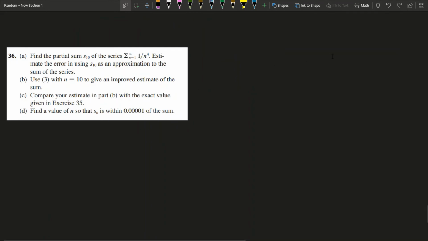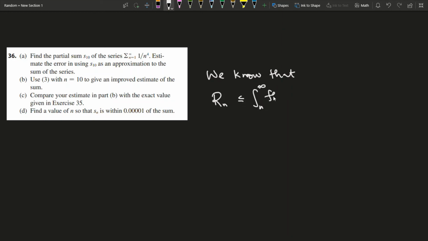Okay, finally, the last problem says find a value of n so that Sn is within this number of the sum. So we know that this is true. Now, if Sn is within this of the sum, it means that this Rn is less than or equal to this error, right?